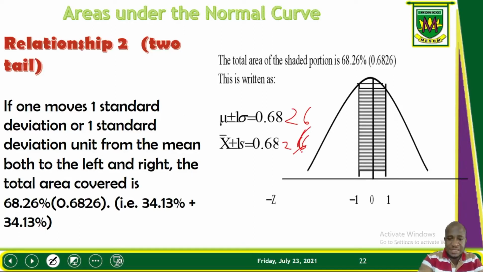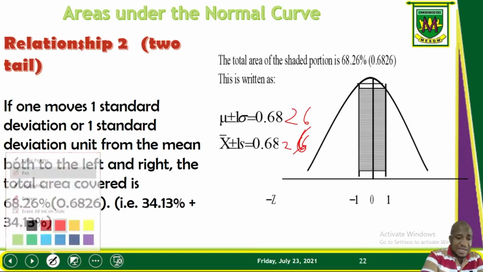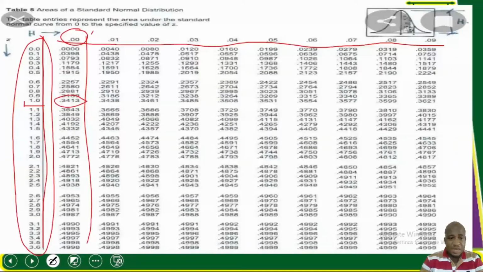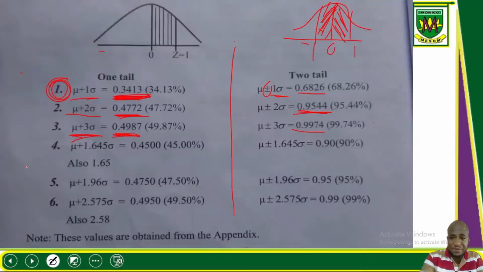Remember, I explained this on the summarized slide. I said that when you are moving two-tail, that is when you are moving in both directions, it will depend on the number of standard deviation units covered. This second relationship is the information we have here.